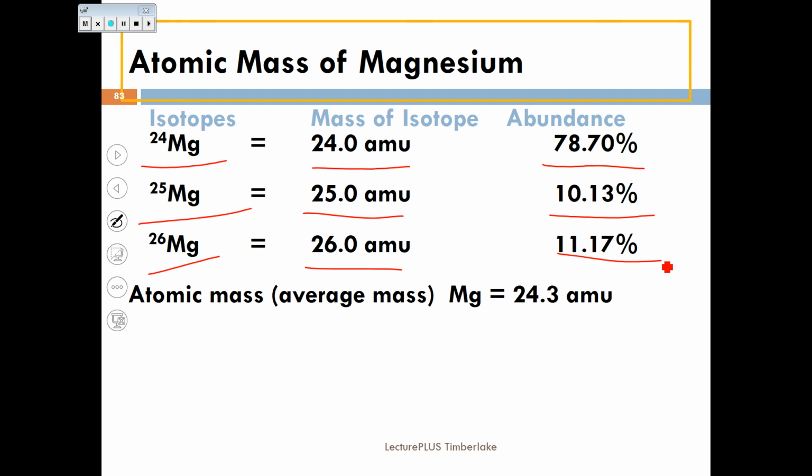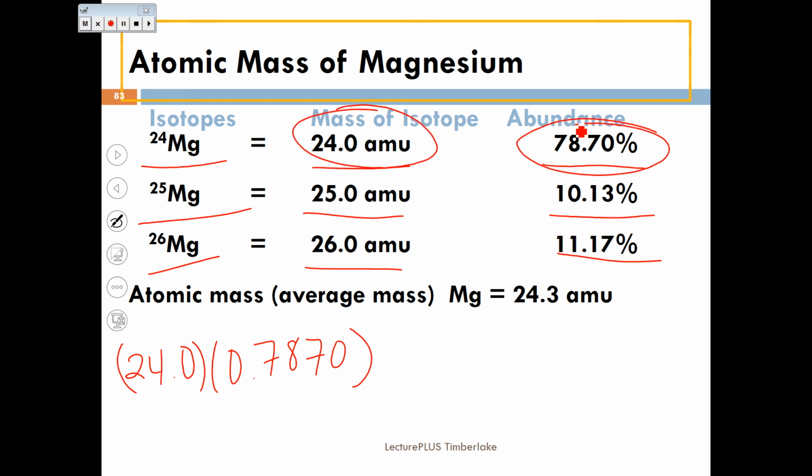So in order to calculate the weighted average, you are going to take the mass of the first isotope, which is 24, and you're going to multiply it by 0.7870. So that's the mass of isotope 1 times its abundance in decimal form.